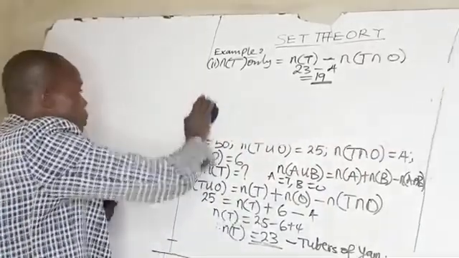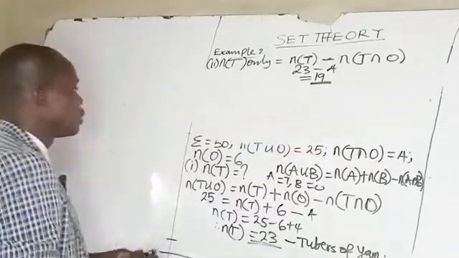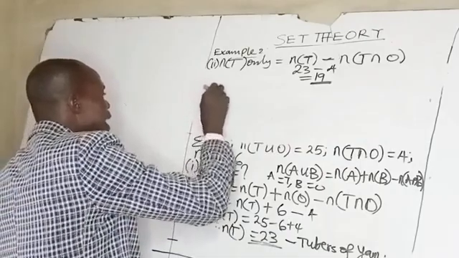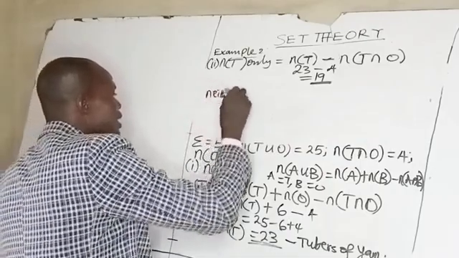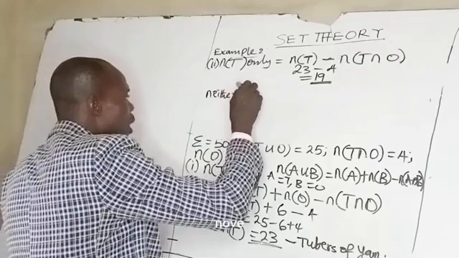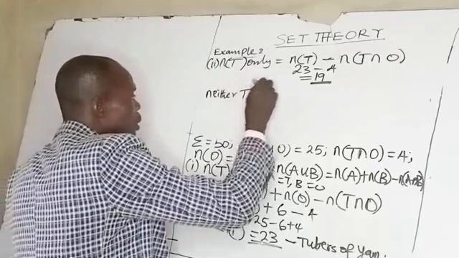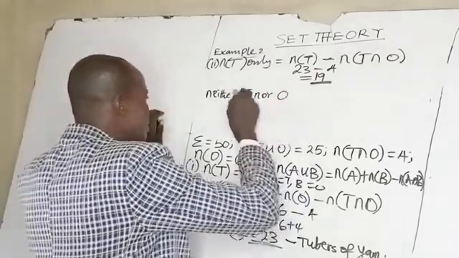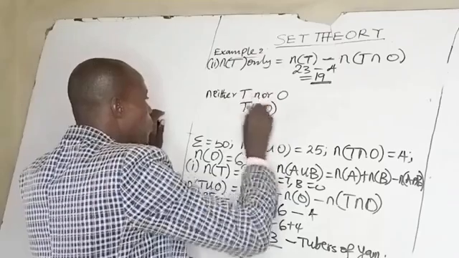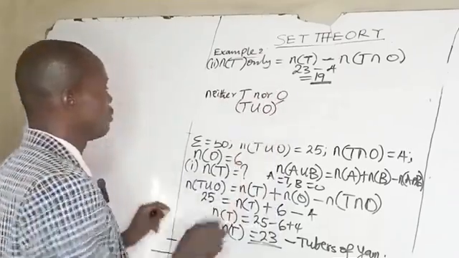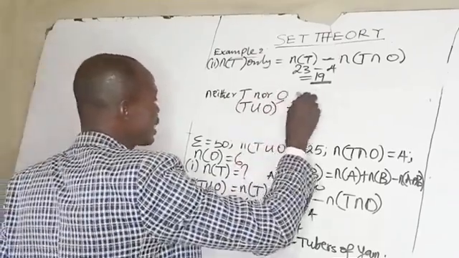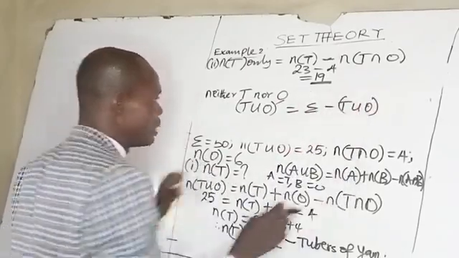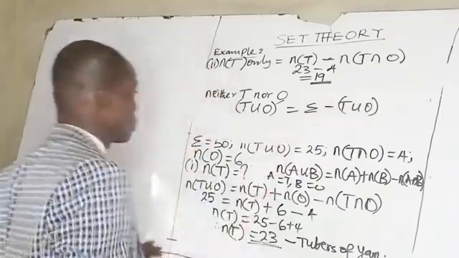So you have the universal set minus the number that sell T or O. That will be T union O complement, which is the universal set minus T union O, people that did not sell either of the two.